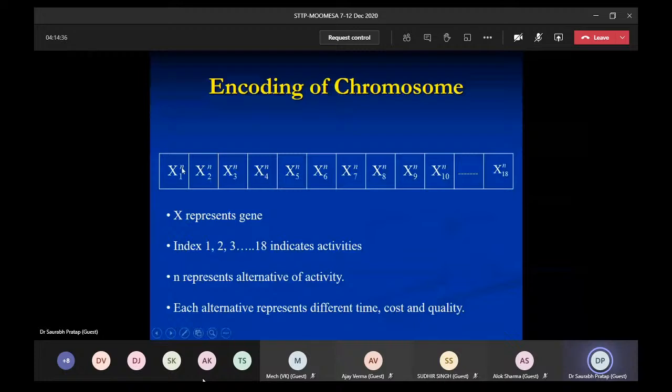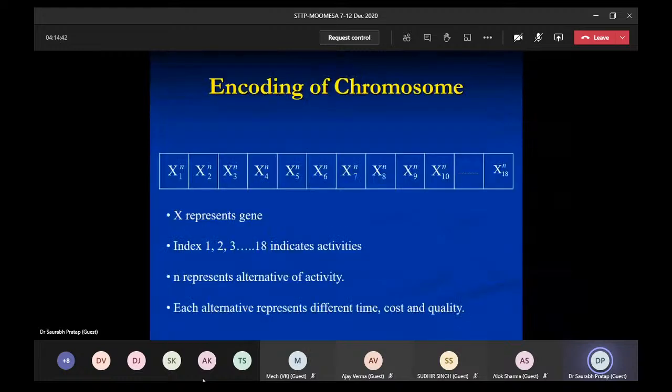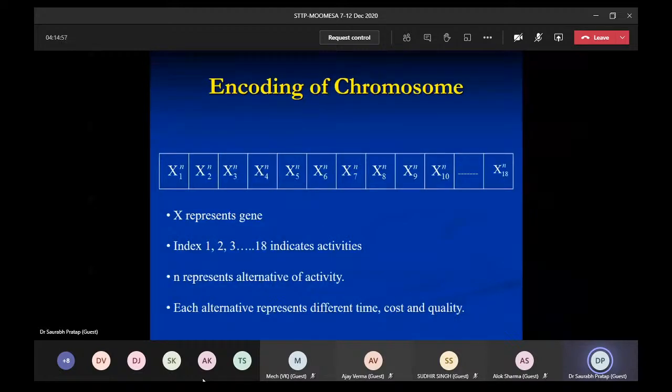Similarly for the second block we again have 5 options, x21, x22 up to x25. But in the third block we have a single option, so the chromosome will be x31. In that way the chromosome will form.